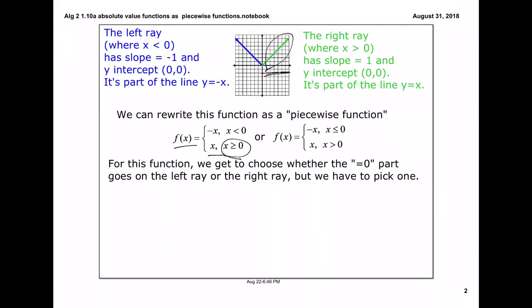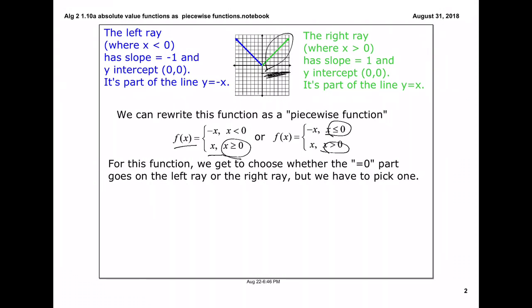So if you look at your x values, our green ray is only graphed where x is greater than or equal to 0. We could also switch our inequality symbols around and put for our -x line, x is less than or equal to 0, and for our positive slope, x is greater than 0.